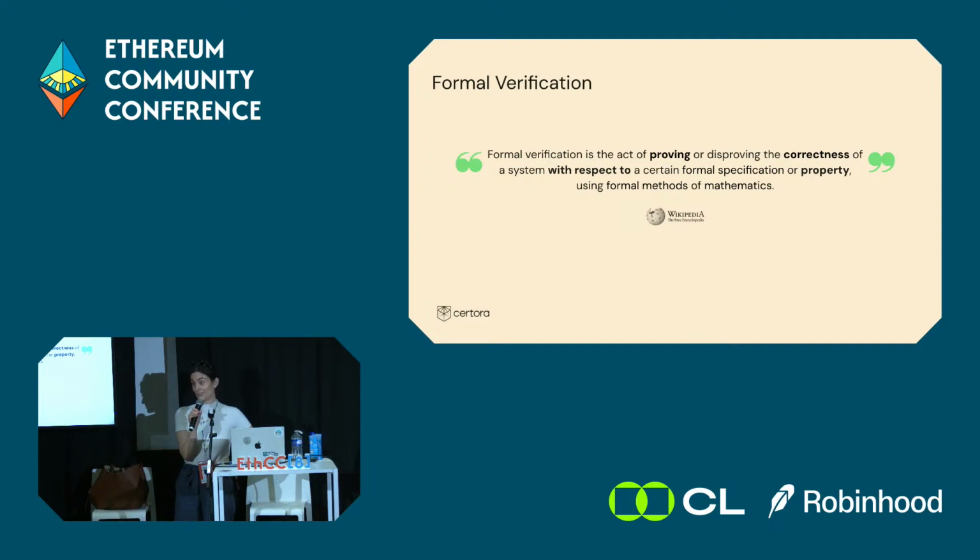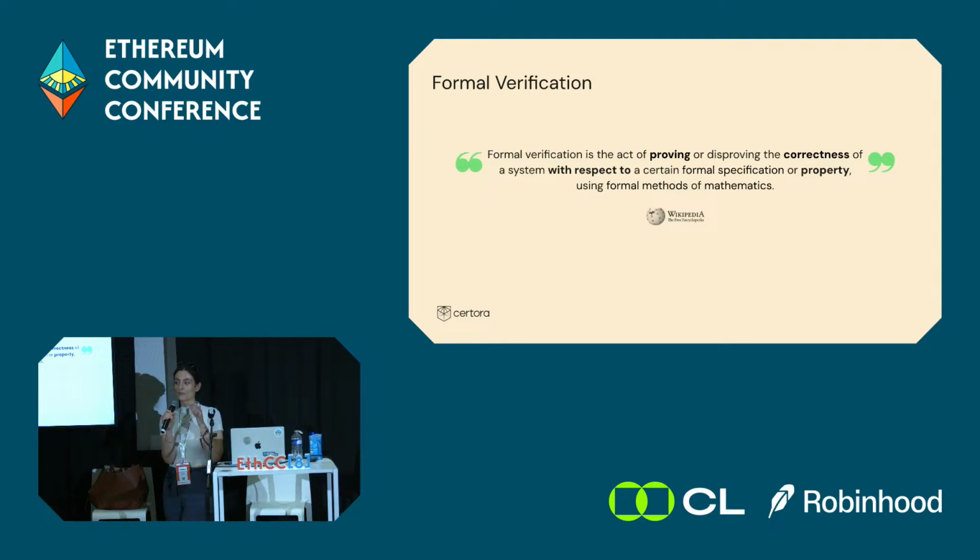It is, according to Wikipedia, the act of proving or disproving the correctness of a system with respect to a certain formal specification or property using formal methods of mathematics. Well, that sounds very long and very boring, but what this means, basically, is that if you write a DeFi protocol, you have some key invariants.